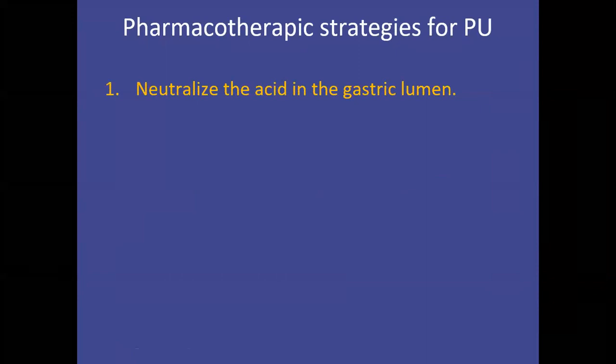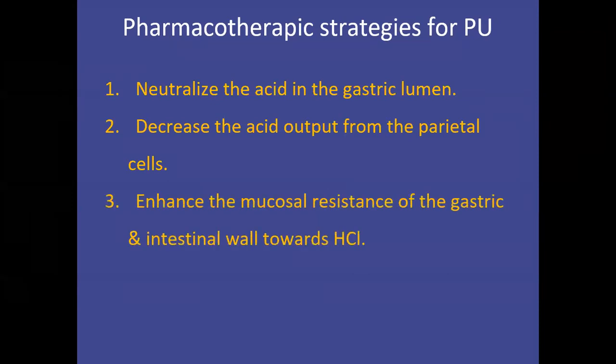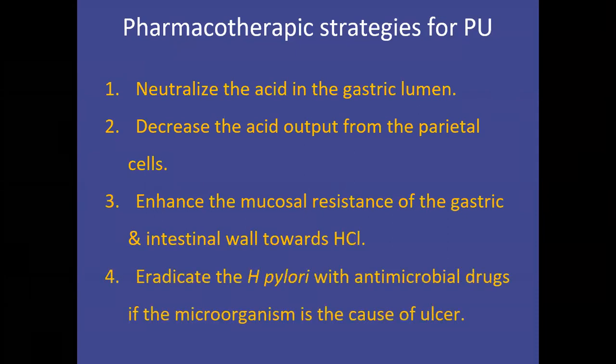Namely, simply neutralize the acid in the gastric lumen, or decrease the acid output from the parietal cells, decrease the secretion of acid, or enhance the mucosal resistance of the gastric and intestinal walls towards HCl, as we mentioned. And finally, eradicate the Helicobacter pylori with antimicrobial drugs if the microorganism is the cause of the ulcer.